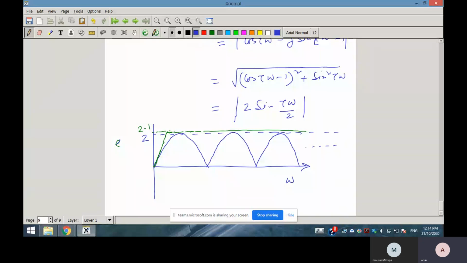This is your EA divided by G omega plot, the normalized error. So to be on the safe side, I am assuming that the peak and the steady state value of WCS will be this. This is your WCS.